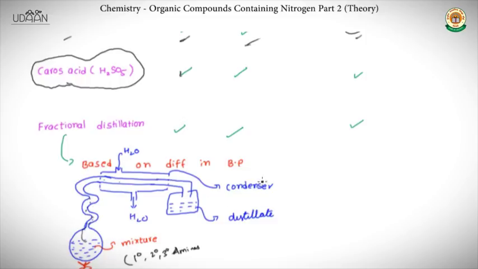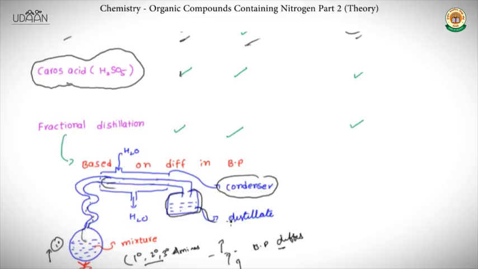This is called the condenser. Now as you keep on increasing the temperature, first one amine goes, and next another amine, and next another amine goes, because the boiling points of these three amines differ. As a result, you will get different products at different times. At one temperature, say primary amine evaporates, it goes through this condenser, and then it will finally go to a chamber where it is called a distillate.